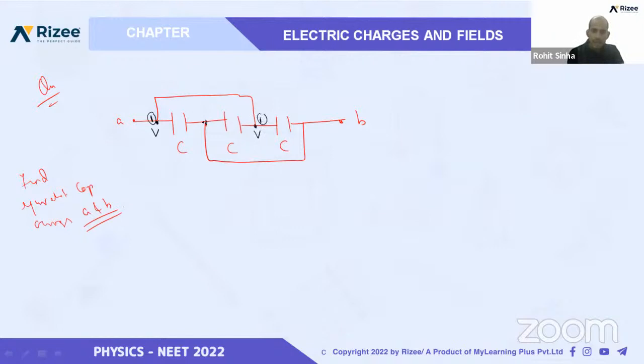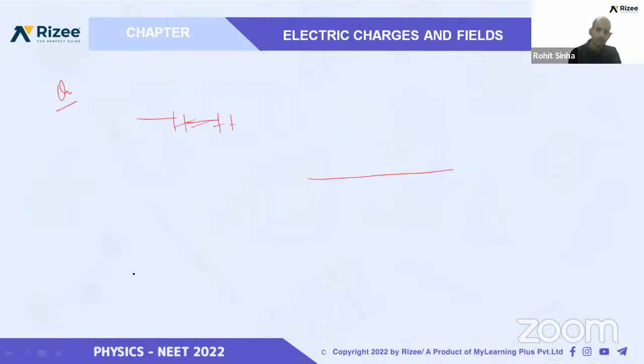This will have potential, suppose V1. It is 2 point. So we have 2 point, 1 point. At 1 point we have this capacitor and these 2 capacitors. Okay, I think these 3 became like this. Okay, I got it.